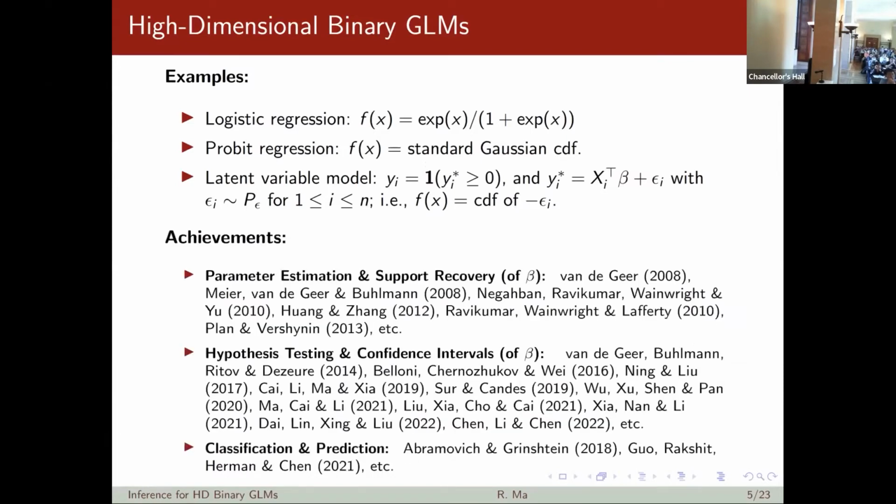The statistical inference problems for binary GLMs have been extensively considered in the past 1.5 decades. People have considered problems such as parameter estimation, support recovery, or more challenging problems of constructing confidence intervals and statistical tests, or more machine-learning-oriented problems like classification and prediction.